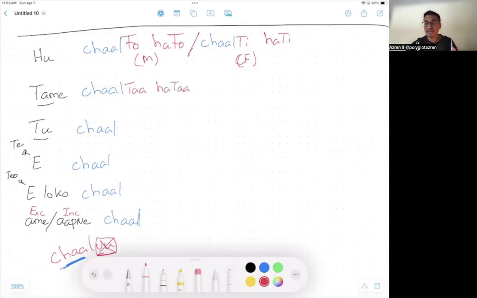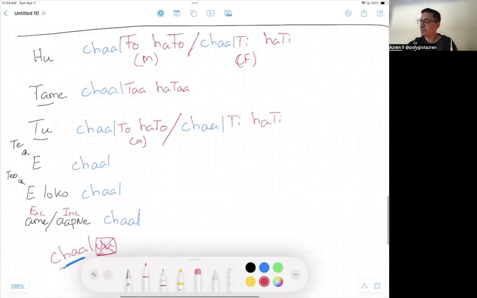If it's tu, as in you informally, tu chal to hato for boys, masculine. For girls, we're going to have tu chal ti hati. That's feminine. So if you're talking to a boy, tu chal to hato. If you're talking to a girl, tu chal ti hati.